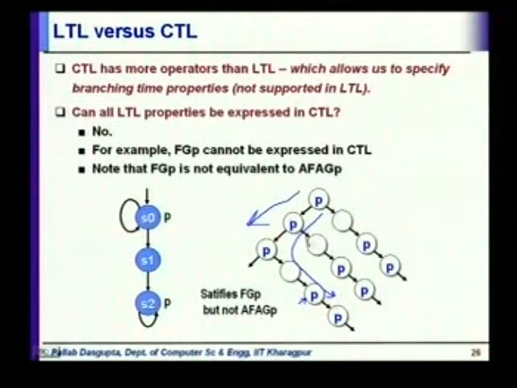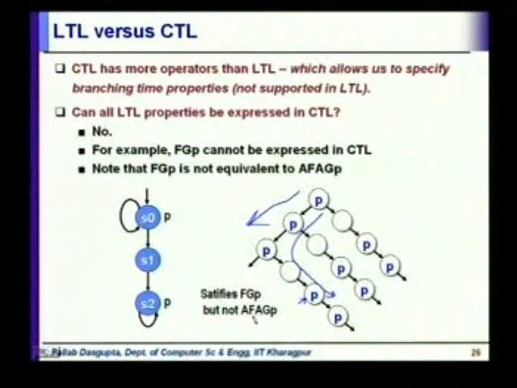So any path that you take in this computation tree satisfies FGP, but does this satisfy AFAGP? Can you give us along all paths a future state from where AGP holds?